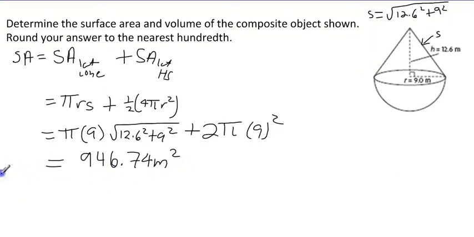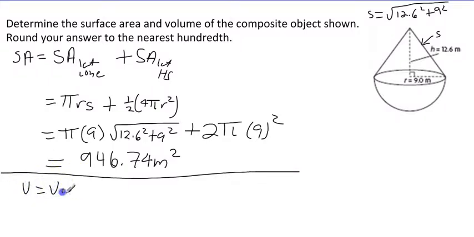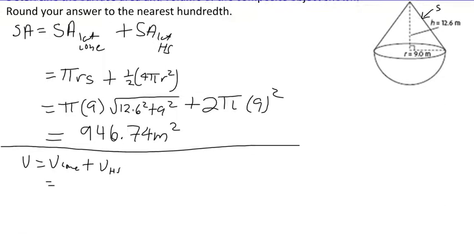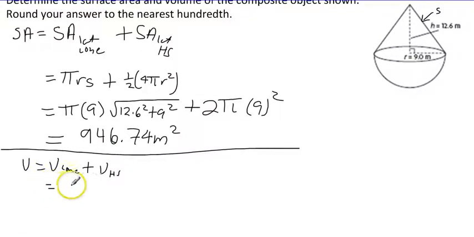Okay, volume easy actually, right? So V is equal to V cone plus V hemisphere, not VHS, the tapes, but you don't even know what that is these days. Pretty soon DVDs won't even exist. Okay, volume of a cone is 1/3 pi r squared h.